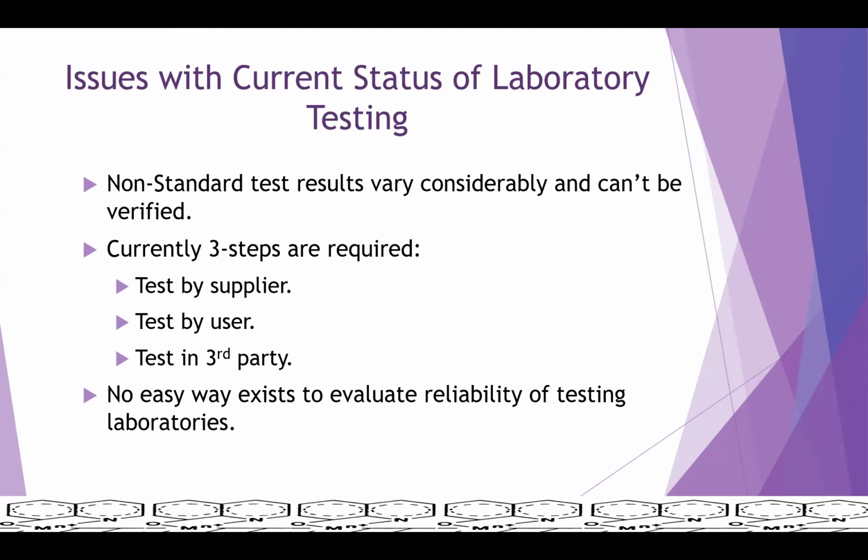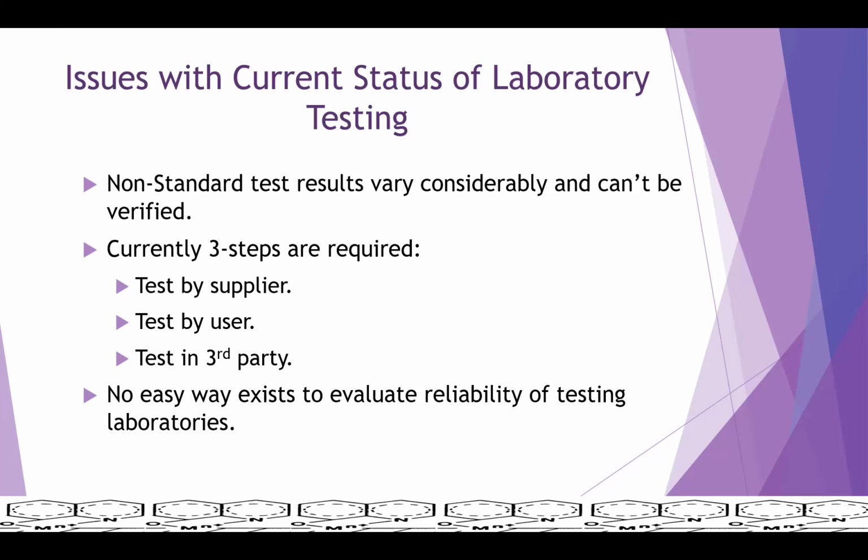Because at this stage, corrosion inhibitor evaluation is qualitative. As a consequence, currently we do three steps. First, the corrosion inhibitor supplier tests and approves their products. Only when they are convinced that their product is good, they'll bring it to the market.